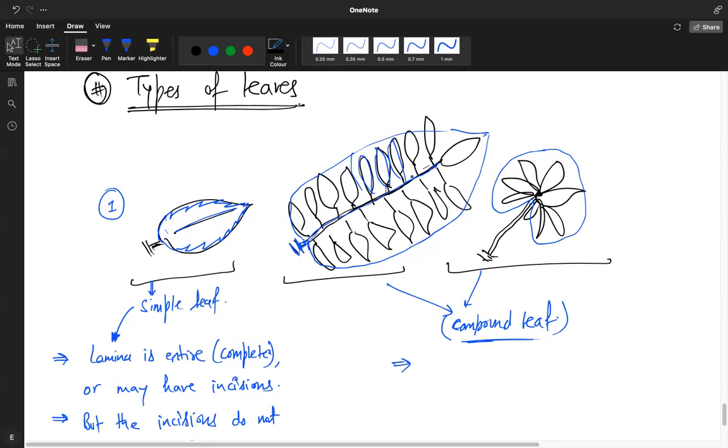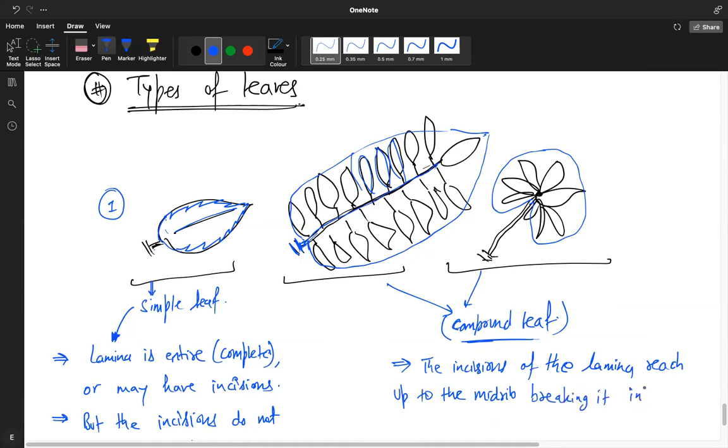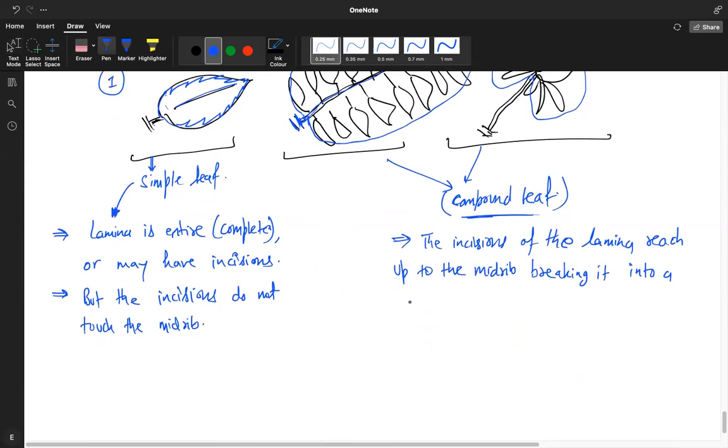So write down, in a compound leaf, the incisions of the lamina reach up to the midrib, breaking it into a number of leaflets. Is it clear?